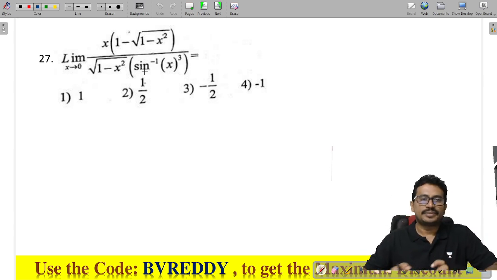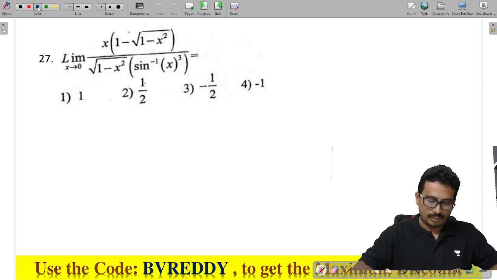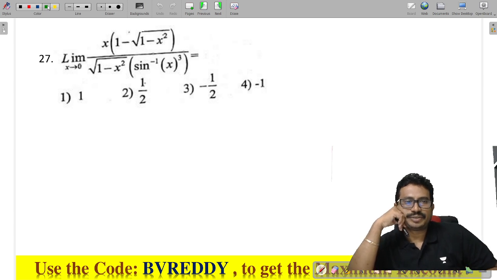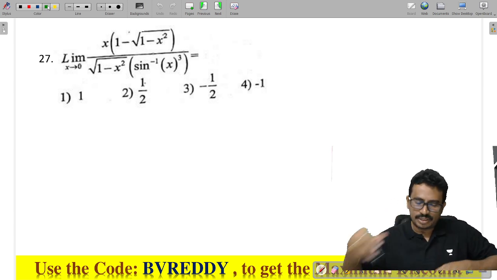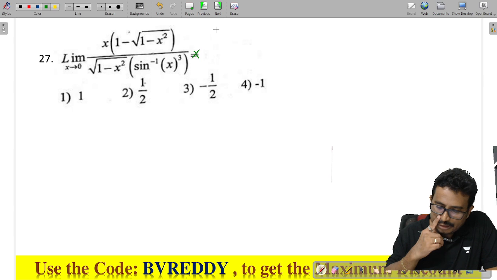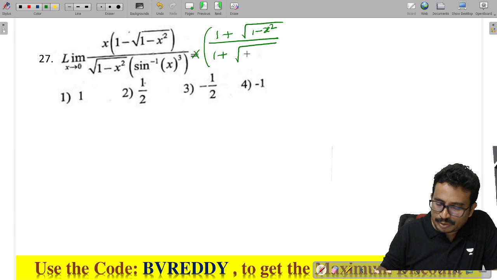And take this one here. Now here, limit x tends to 0, x into... This type of problem, generally what we can do here, we'll try to do the rationalization. So I am rationalizing the numerator. So this is 1 plus square root of 1 minus x squared by 1 plus square root of 1 minus x squared.